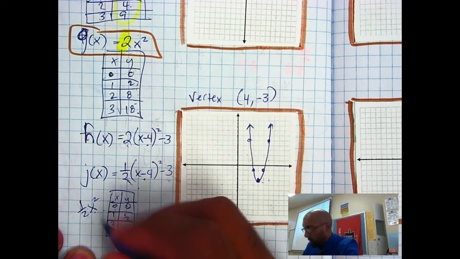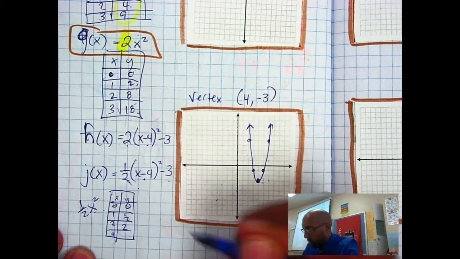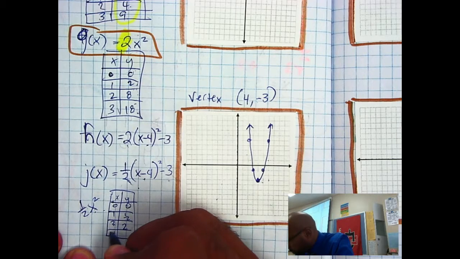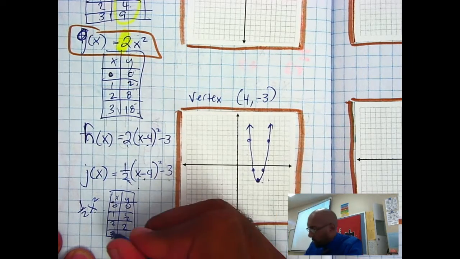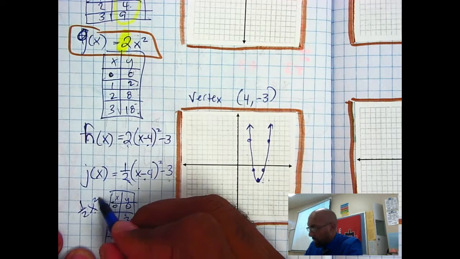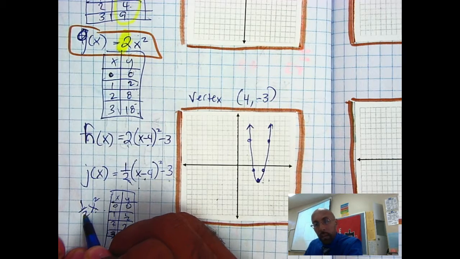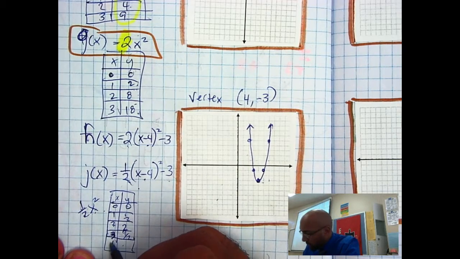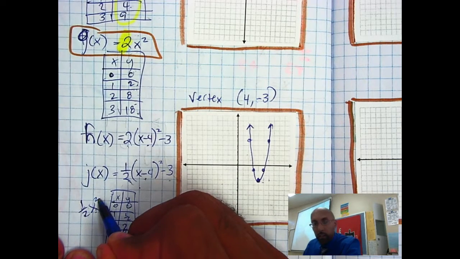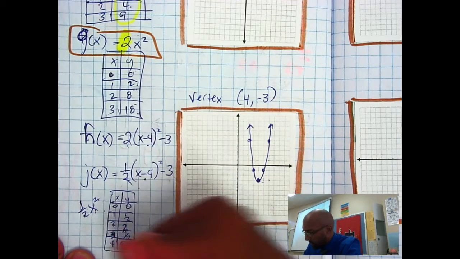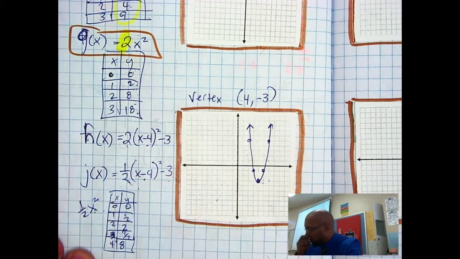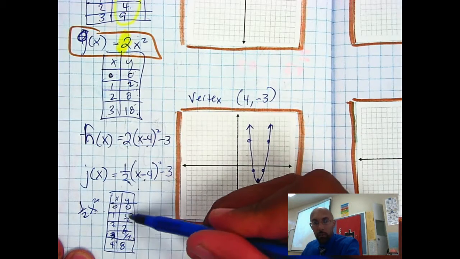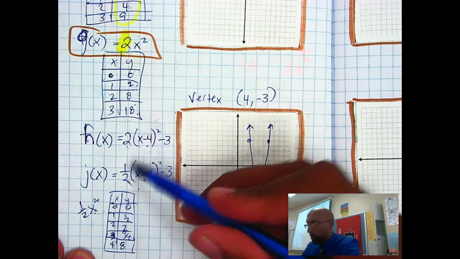Then 2 squared is 4 times 1/2 is 2. 3 squared is going to be 9 times 1/2, well, that's 9 over 2. And then let's add one more point in there. 4 squared, 16 times 1/2 is 8. So if you notice, again, it basically divided all those points in half, because it is a half.